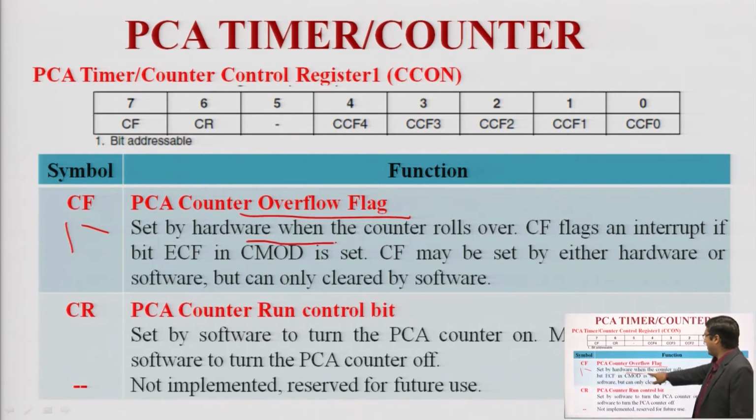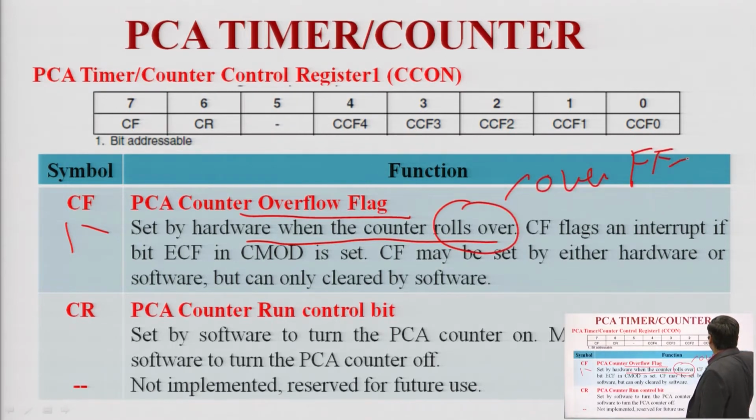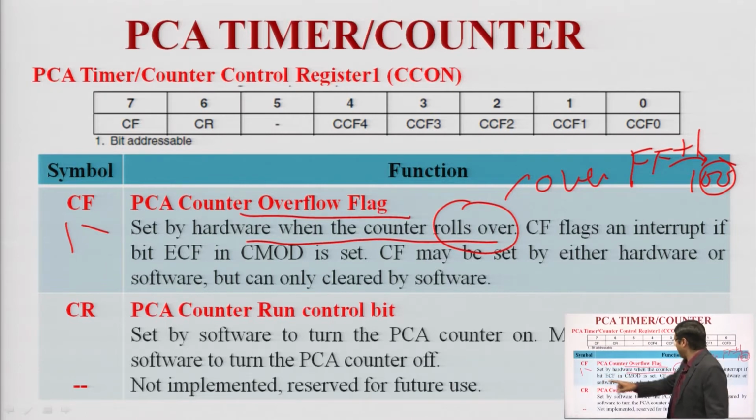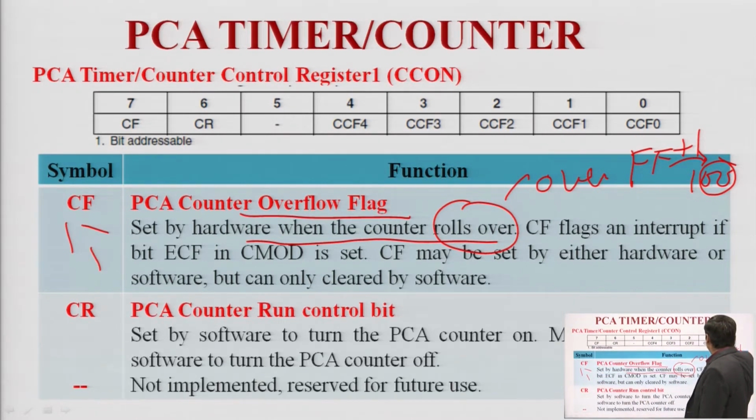It is set by hardware when the counter rolls over. Rolls over means that overflow occurs, the maximum value is exceeded from FF towards 1 0 0, that is, exceeded by 1.